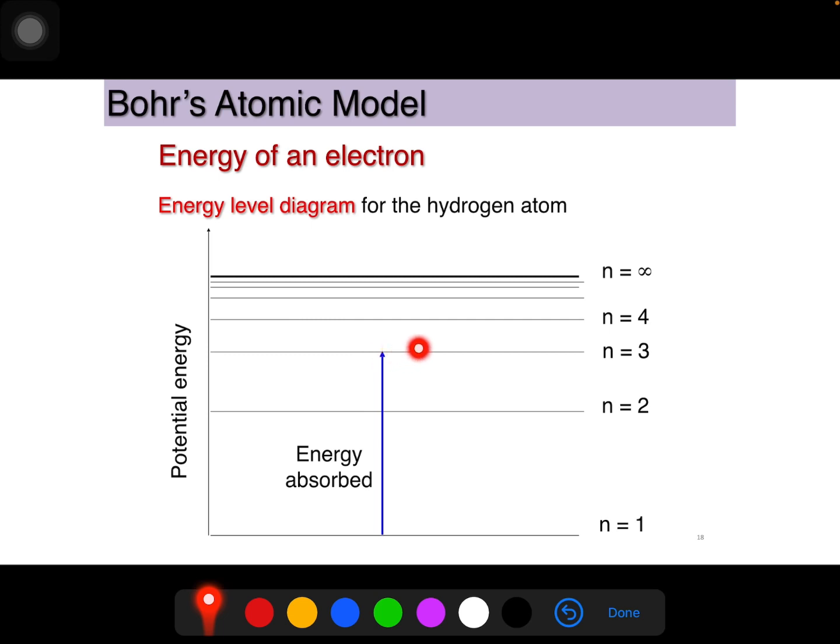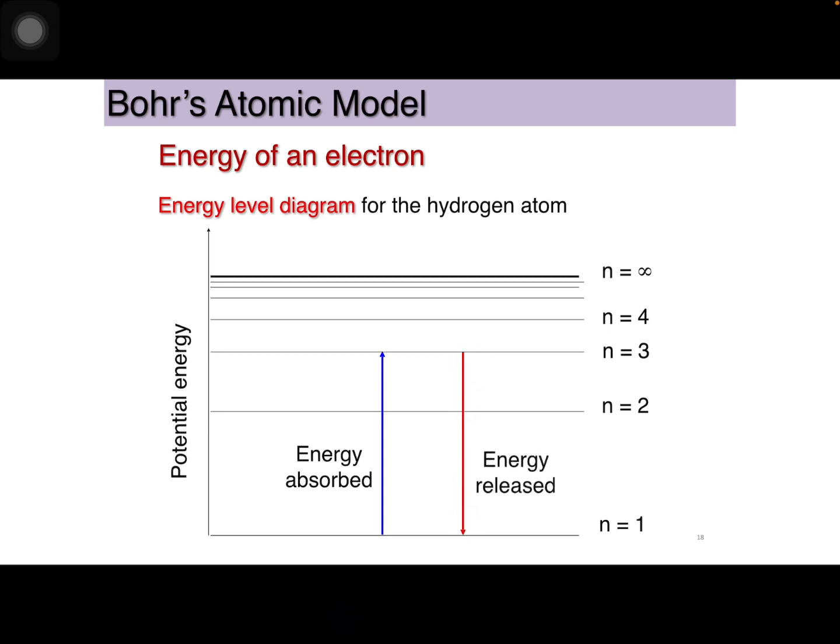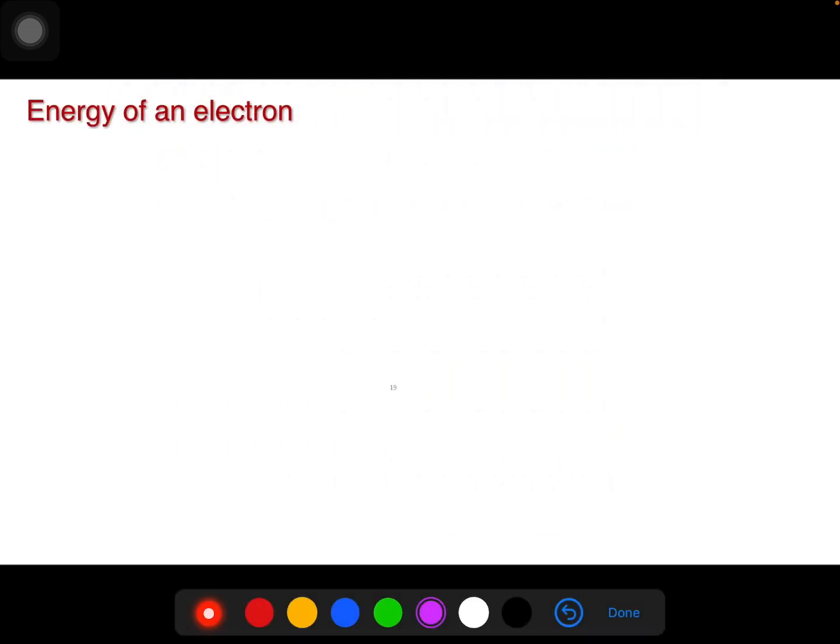So bila dia dah dekat higher level ni at n equals to 3, dia akan unstable. So what will happen? It will fall back, jatuh kepada lower level. Okay, so bila dia drops, electron from higher level drops to lower level, you will release energy in form of photon.